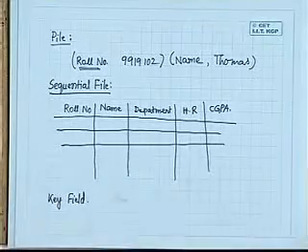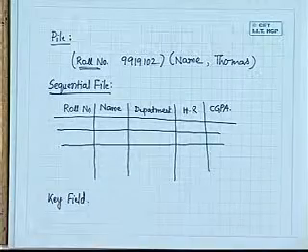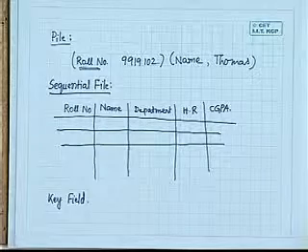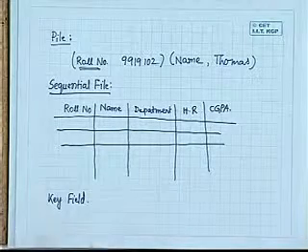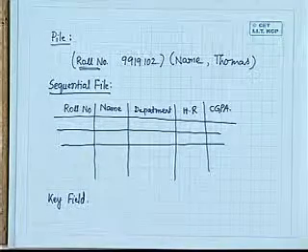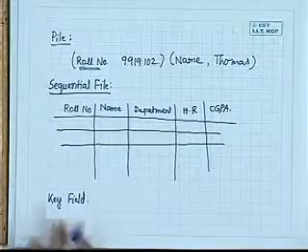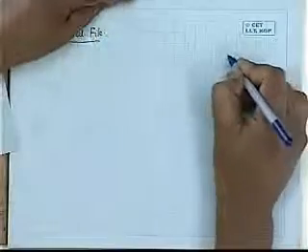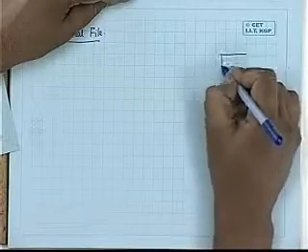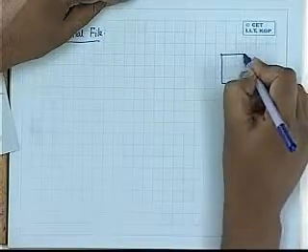But in this case, for any modification on the file, I have to read the block containing that record into main memory, and only then can I modify it. So you find that I have a situation where I have a number of blocks containing different records.